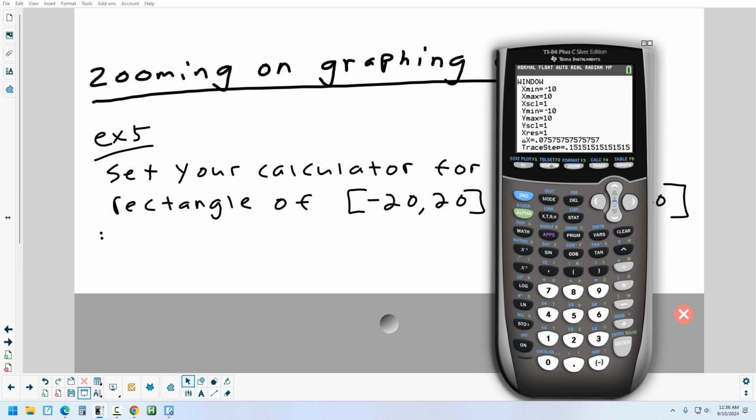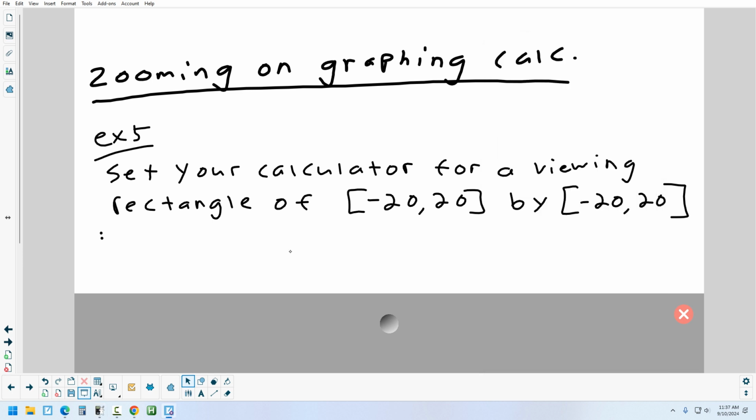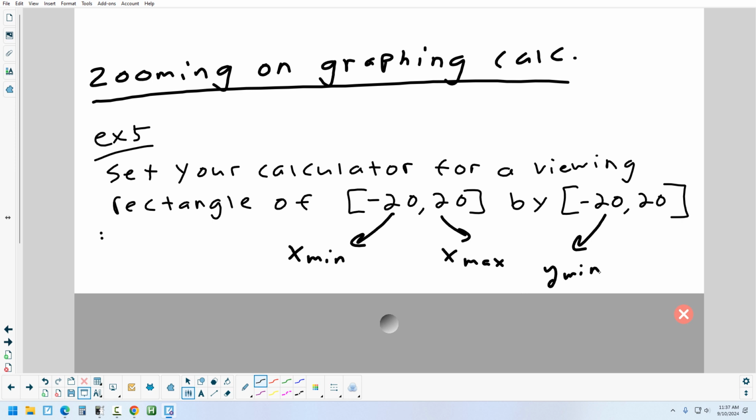When they give you these 4 numbers, they're going to go in 4 spots on that screen. This is where each number goes. The first 2 numbers you're given are always the x's. Minimum first, maximum second. The next 2 numbers are the y's. Minimum first, maximum second.